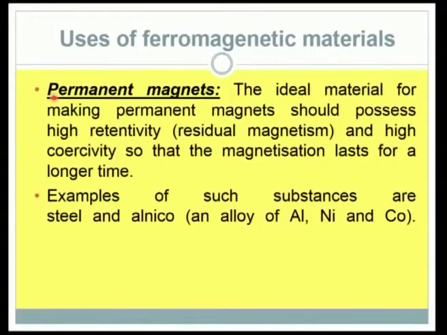Ferromagnetic materials have lots of applications. We will see 1 or 2 applications of them. To form permanent magnets, ferromagnetic materials are used. The ideal material for making permanent magnets should possess high retentivity, that means high residual magnetism, and high coercivity, so that the magnetization lasts for a longer time.